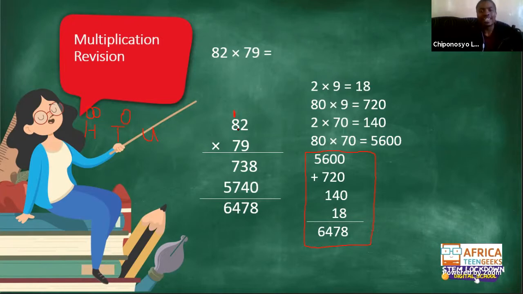Plus 1 is 73. So I put here 7, 3. There was no placeholder because it's a 9.